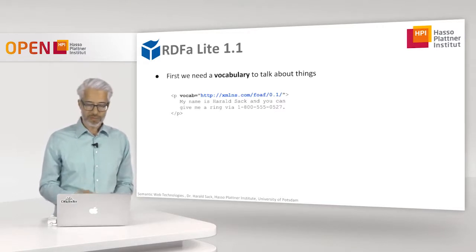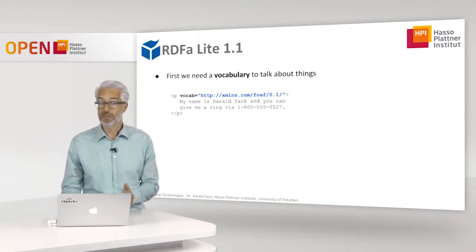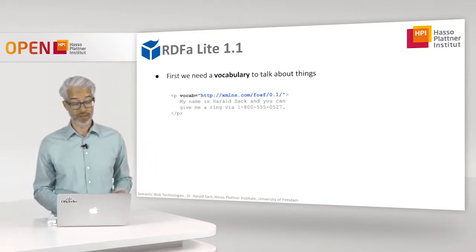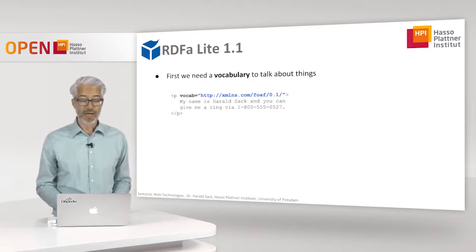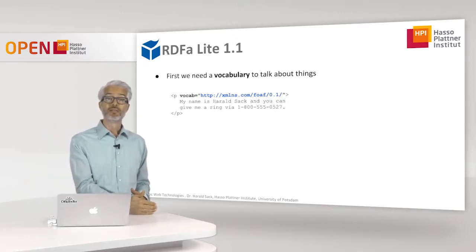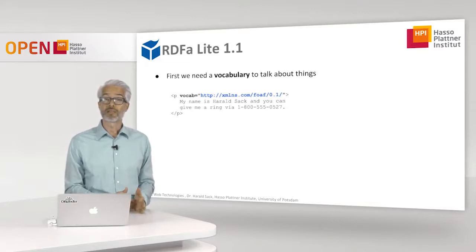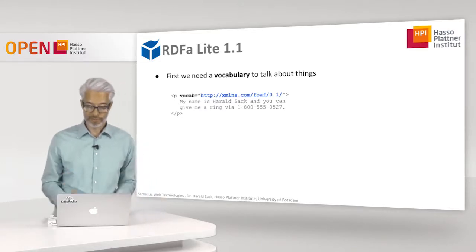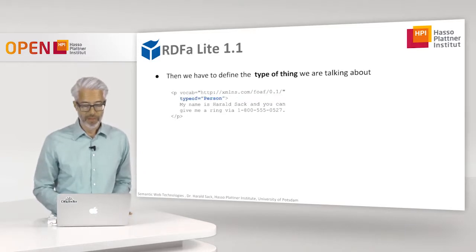This information I can perfectly encode, as it's personal information, with the FOAF vocabulary that we already know. So first, I say everything which comes now in this paragraph will be addressed via the vocabulary FOAF that I specify exactly here with a vocabulary attribute. Okay, first I define the vocabulary.